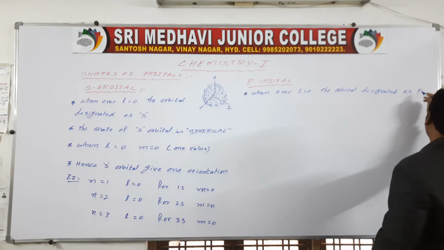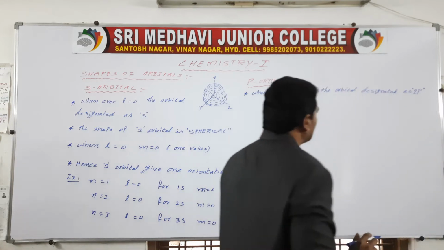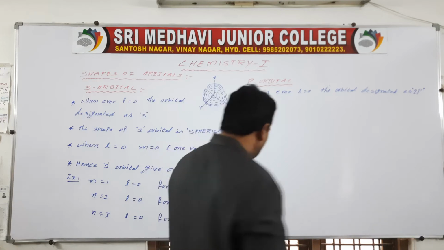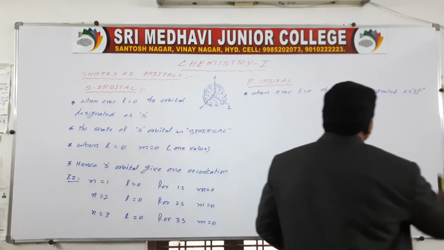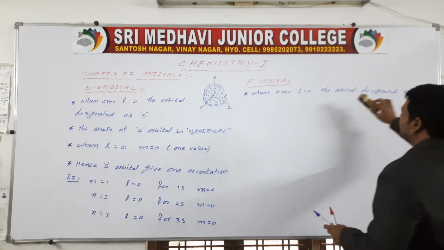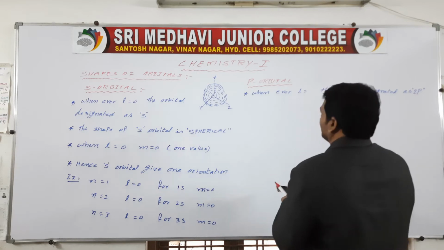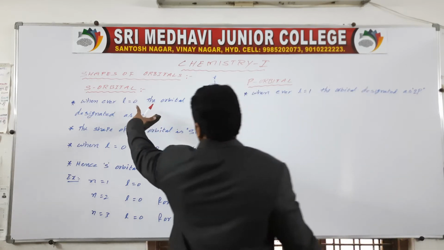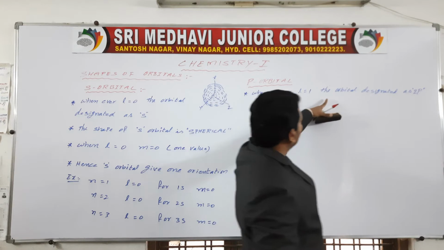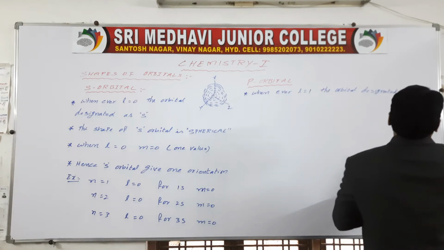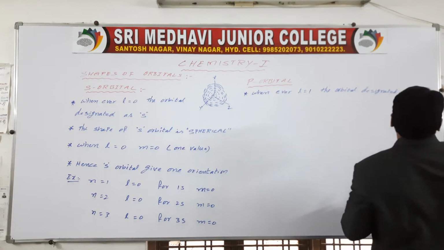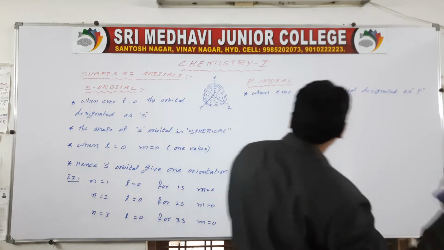Whenever L is equal to 1, the orbital is designated as p orbital, whether it is 2p or 3p, whatever it may be.